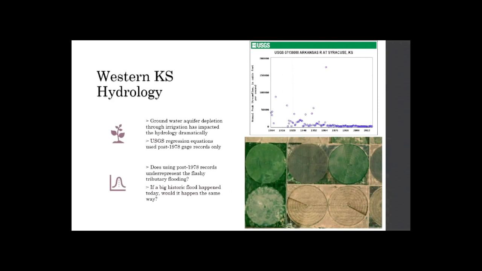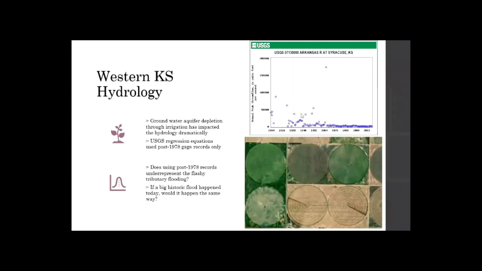So the aquifers, like the Ogallala aquifer, are being depleted, and that's affecting how much water is being absorbed by the soil when it rains, and really bringing down the flows of our streams and rivers that have gauges. So through research, we discovered that the USGS regression equations use only post-1978 gauges for their calculations in the western part of the state.